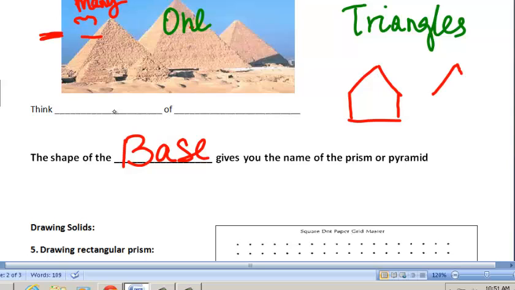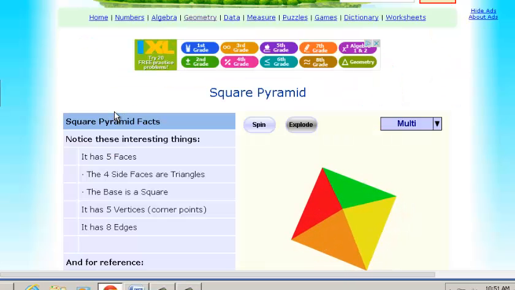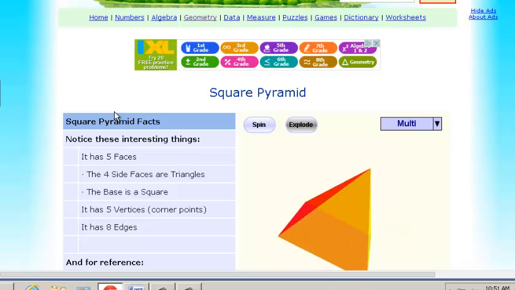If it's a 6-sided base, then it's a hexagonal pyramid or hexagonal prism. Remember, in a prism you will have 2 bases, so you'll have 2 hexagons, whereas in a pyramid you'll have only 1. I want you to again take a look at the example of a pyramid.